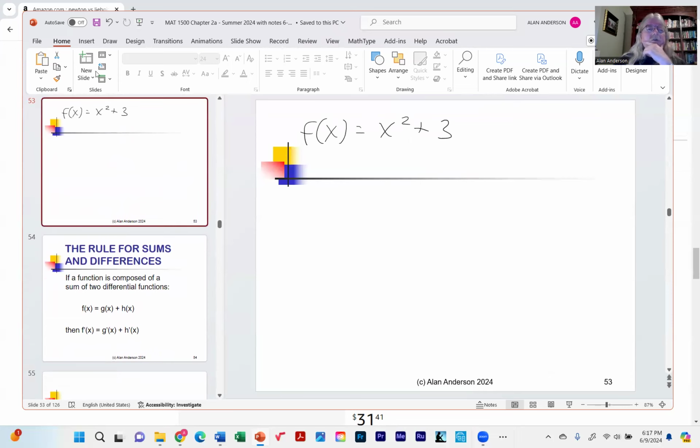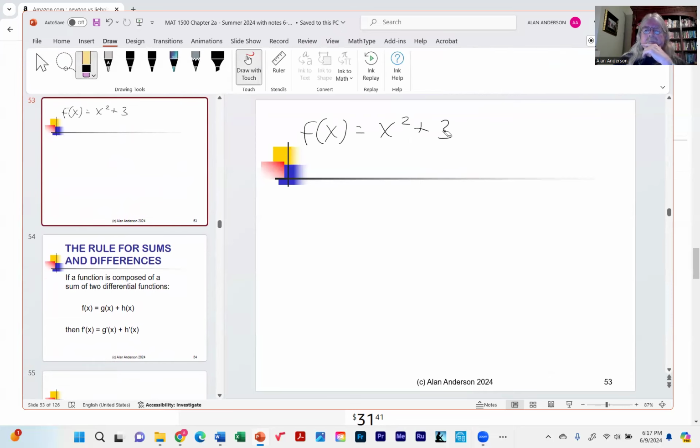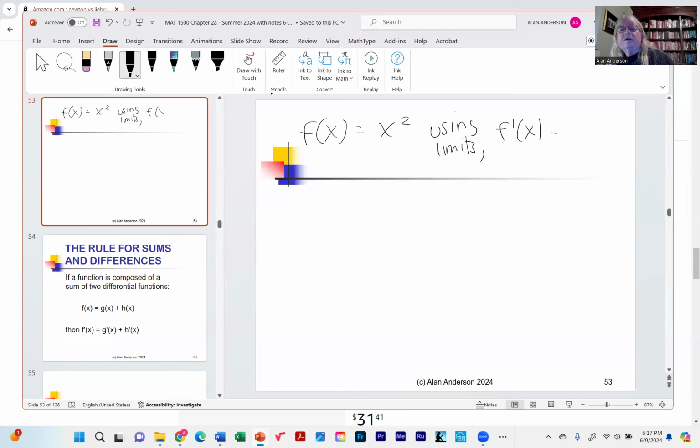Okay, so we showed already, using limits, f prime of x to be equal to 2x. Now here, we're going to use our power rule and show that we were right.